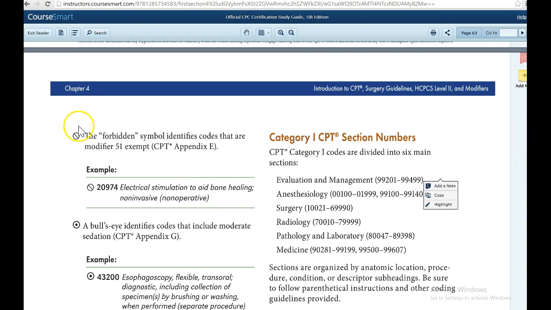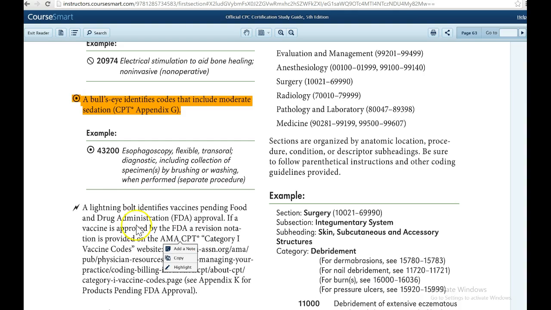Then you have your modifier 51 exempt. This is the forbidden symbol, which identifies codes that are modifier 51 exempt, such as electrical stimulation to aid in the healing of a bone, non-invasive, non-operative, okay? Then you have your bullet that identifies a moderate conscious sedation code, okay? Remember your lightning bolt.